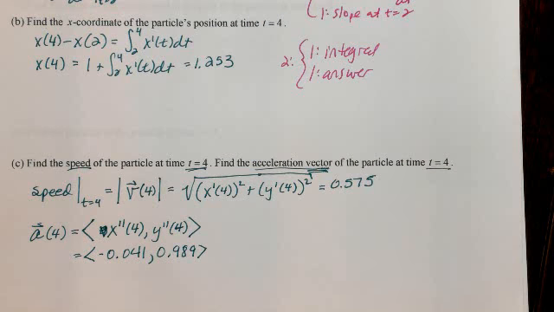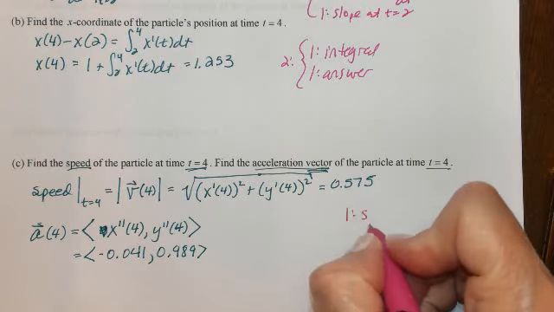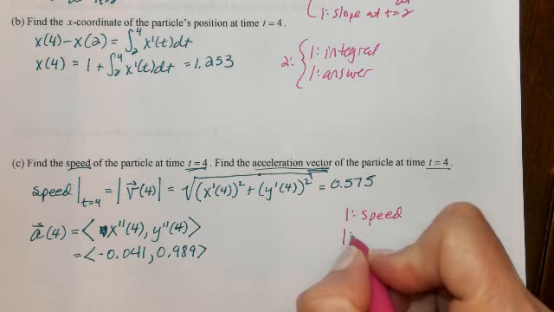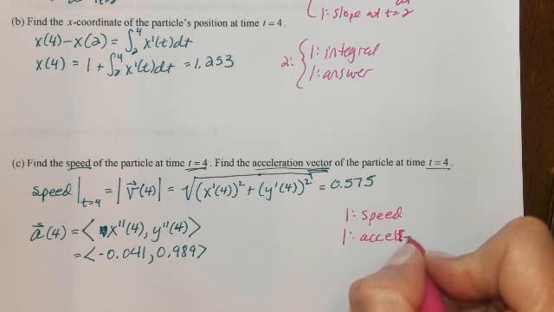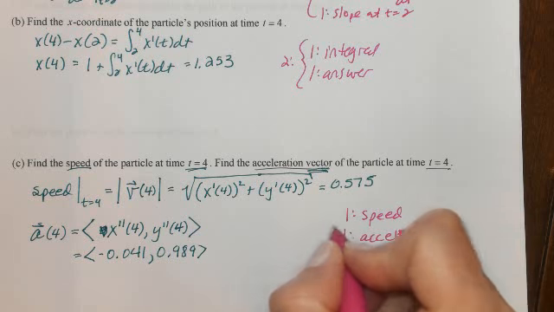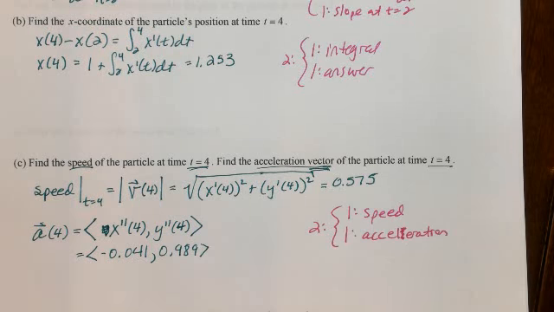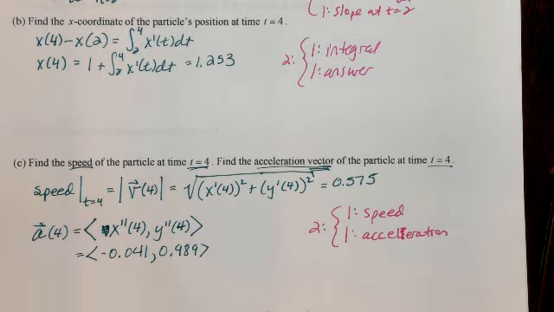Okay, this part of the problem was worth 2 points, 1 point for the speed, 1 point for the acceleration. I think only 1 L. Okay, the biggest problem I see students make here is not showing where numbers come from.